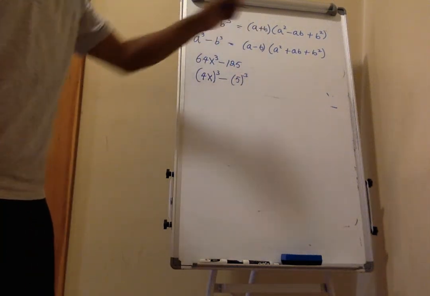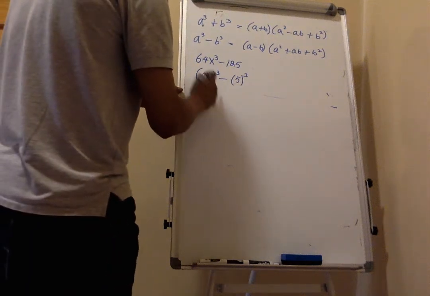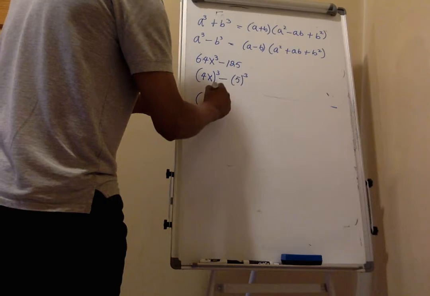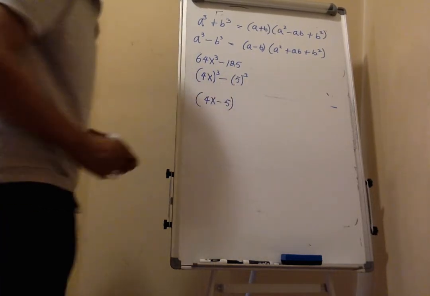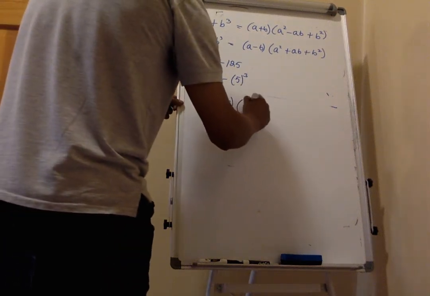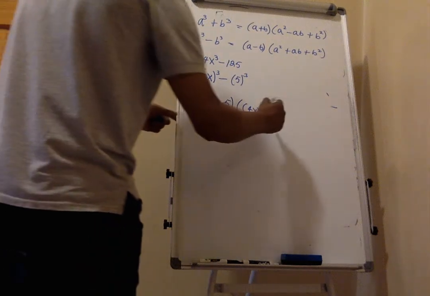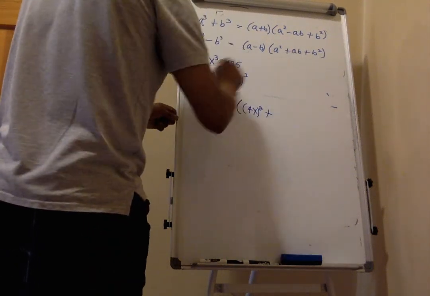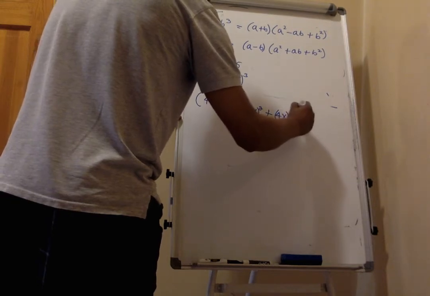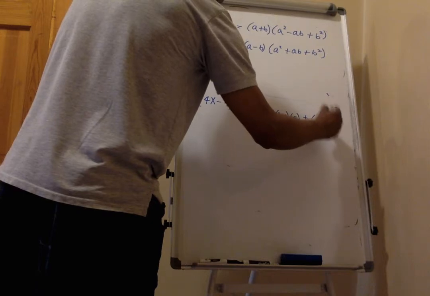Once you write it this way, let's go ahead and apply the formula. So in fact, we are doing the second one, so you would end up with 4x minus 5, the first factor. And for the second one, you would end up with 4x, the entire thing squared, plus a times b, which would be 4x times 5, and b squared is plus 5 squared.